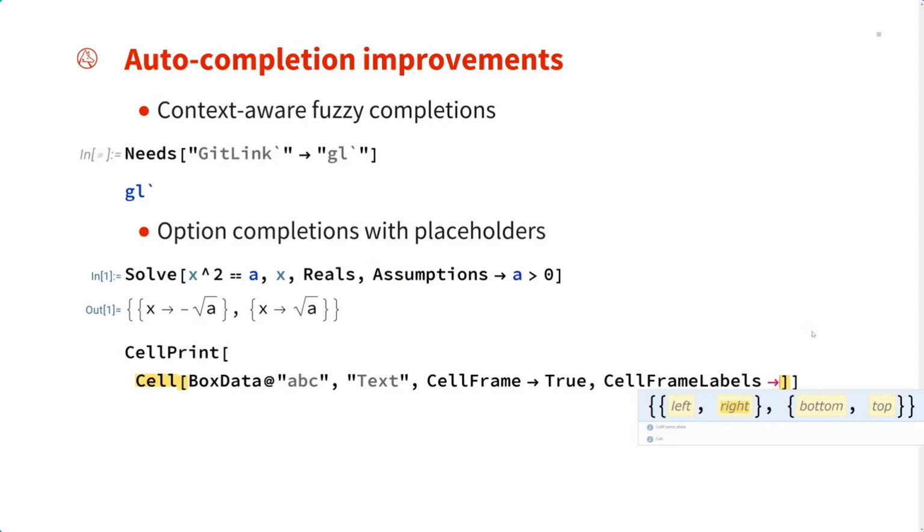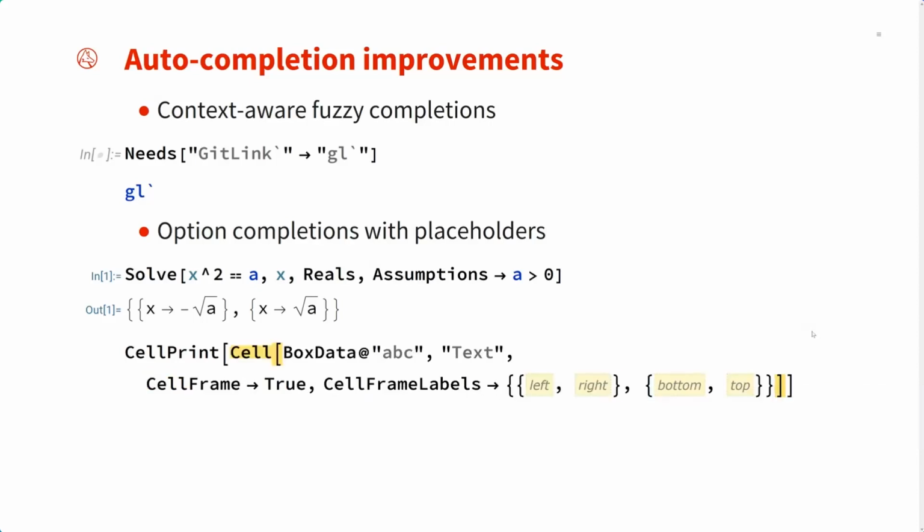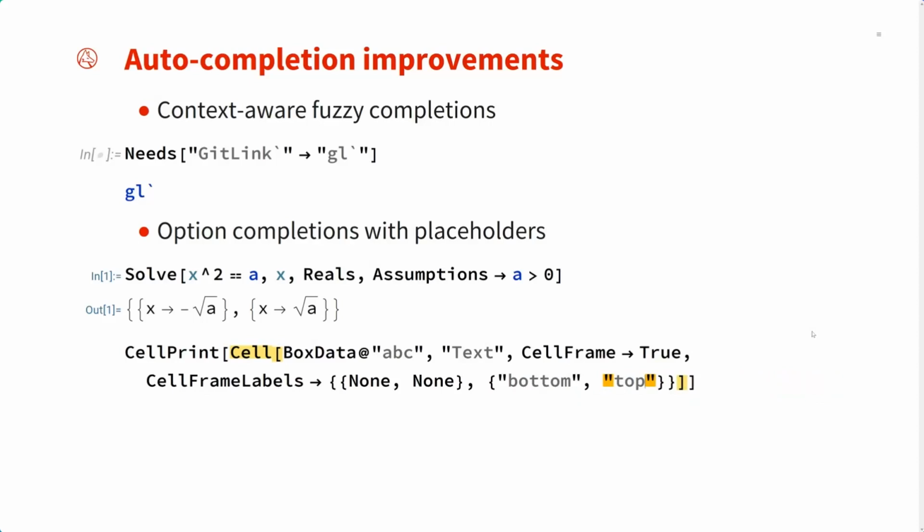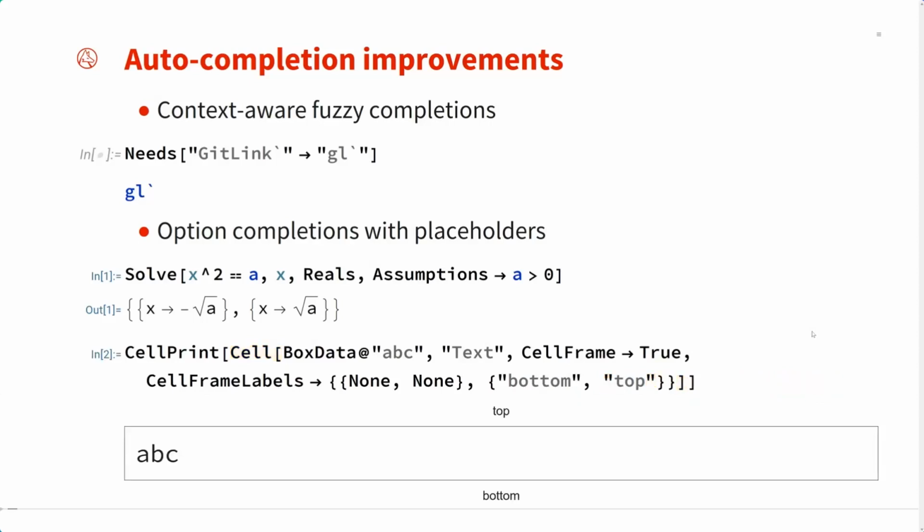Is it bottom first, then top, or top first, then bottom? And so now we can just take this and cycle through these things, and I'm just using tab, by the way, to expertly, now that I know which ones are which, get it right.